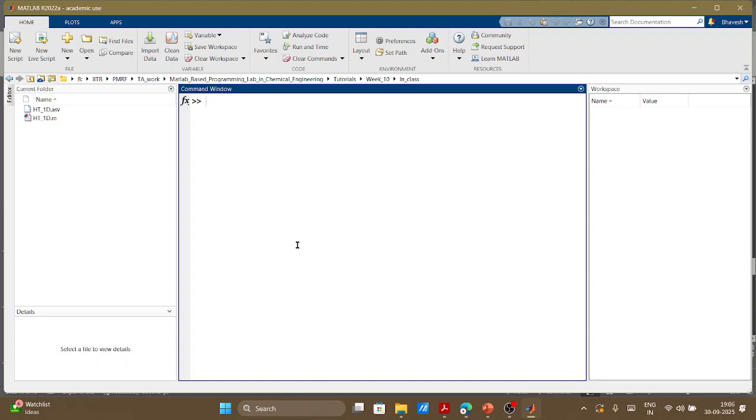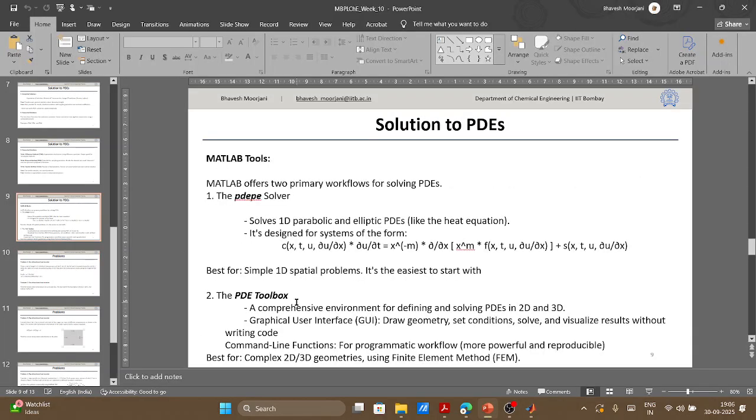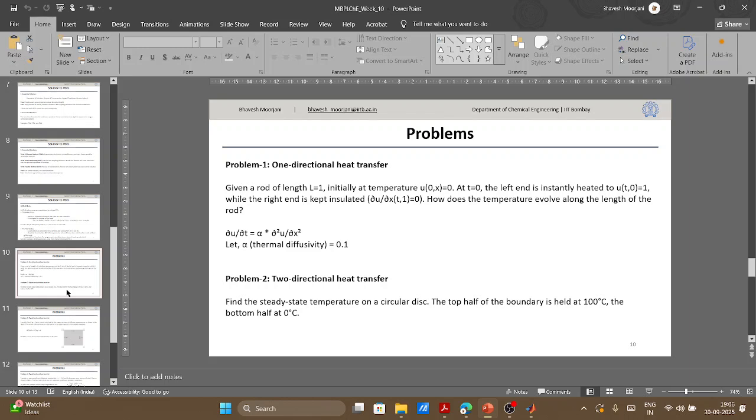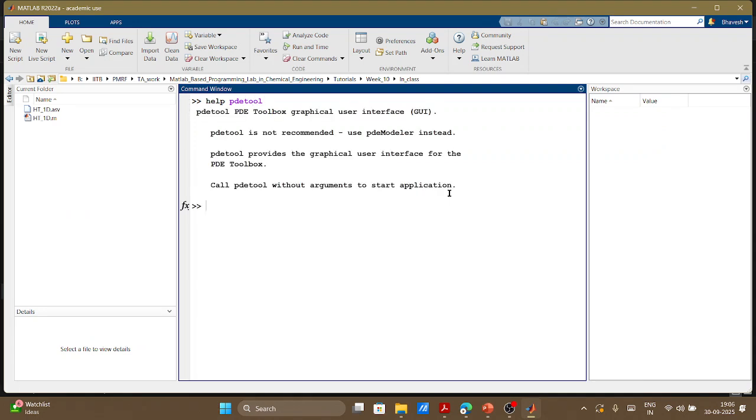Now for the PDE modeler, you have this PDE toolbox available in Matlab, which is a graphical user interface based solver. If I search help PDE tool, PDE tool is a graphical user interface.